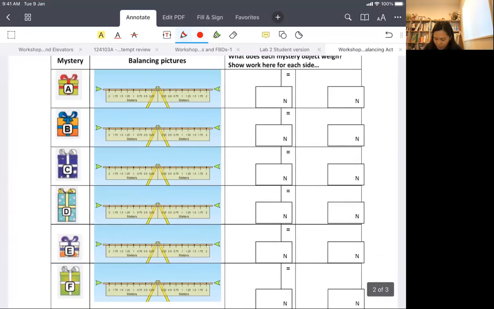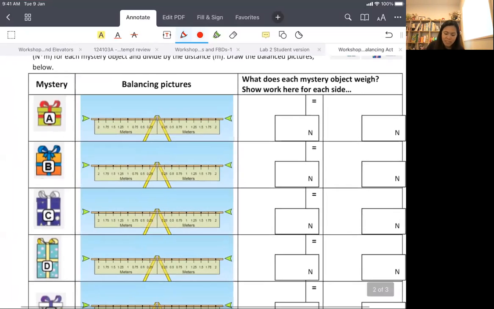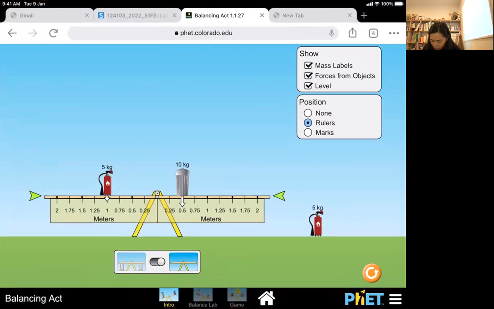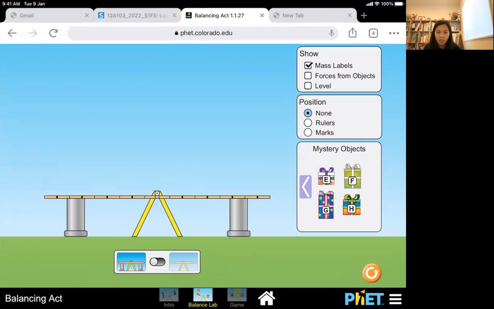For the second part, you're given mystery masses. You don't know how much each one weighs in kilograms. Of course, just multiply that with 10 and you know the weight of that object. So part 2, it's this balance lab here. Again, it's useful to put the level and then use a ruler.